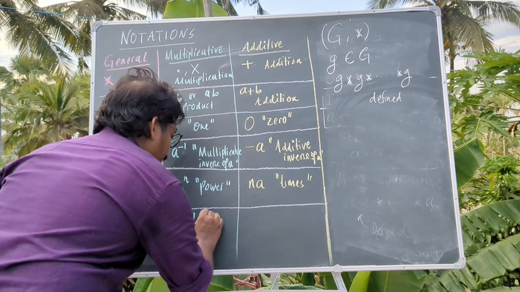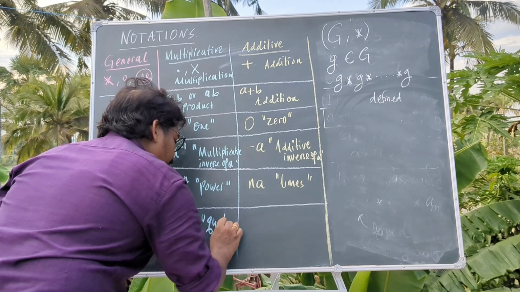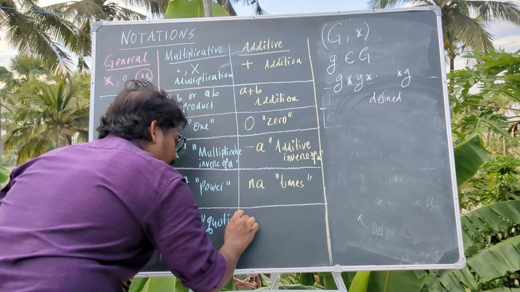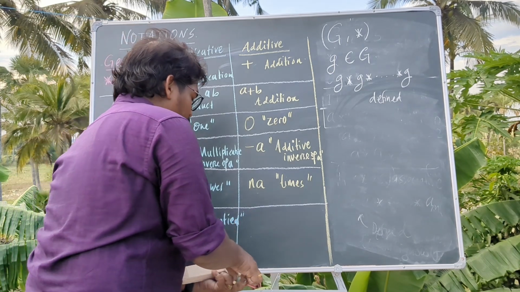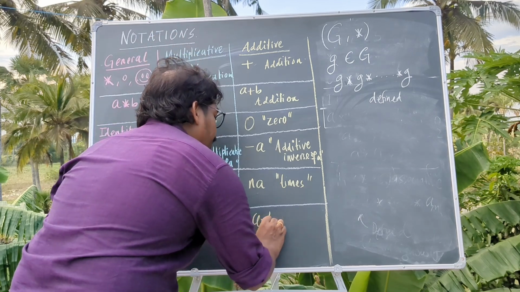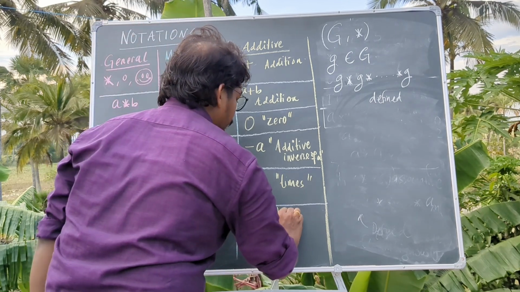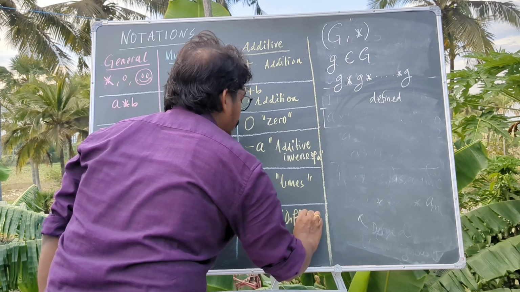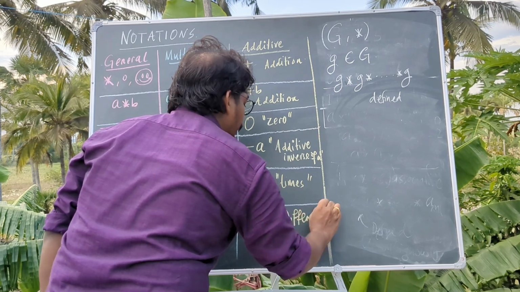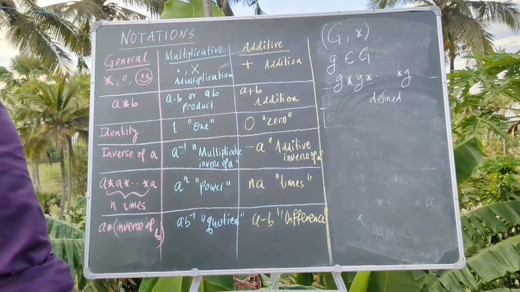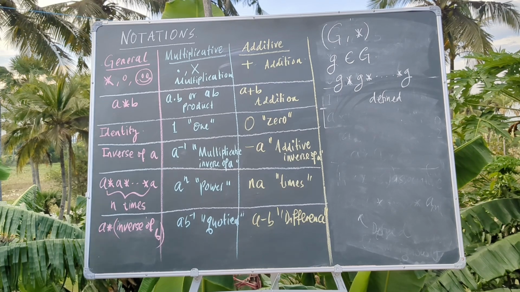This is read as quotient, and here we have A minus B, which is difference. Please pause the video to note.